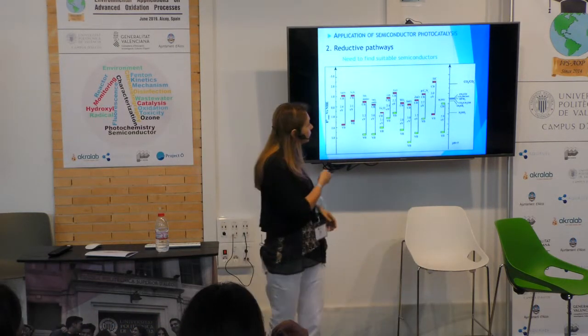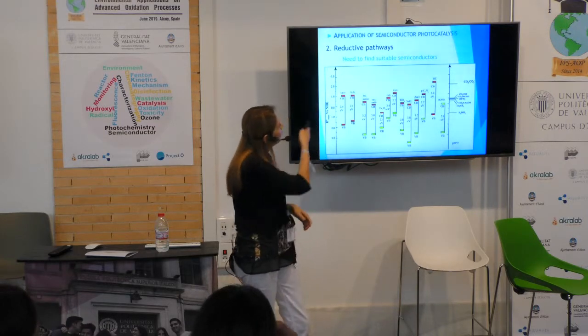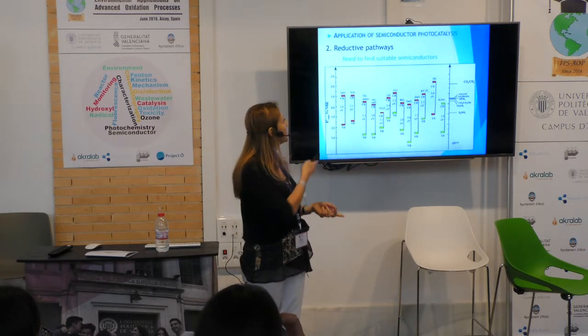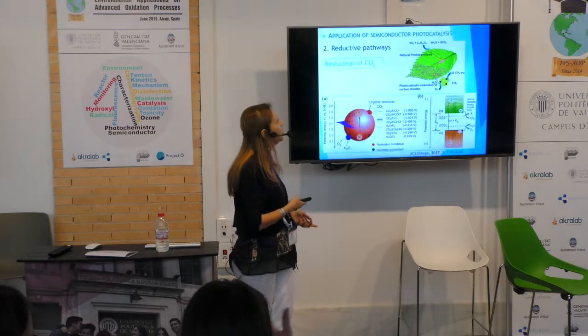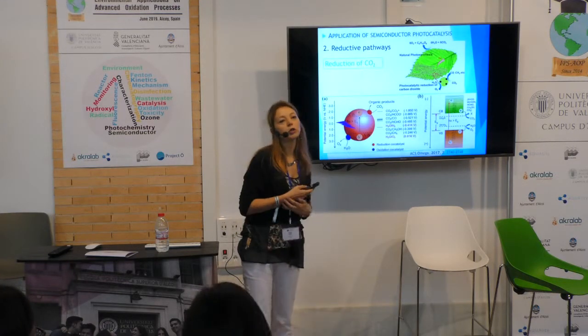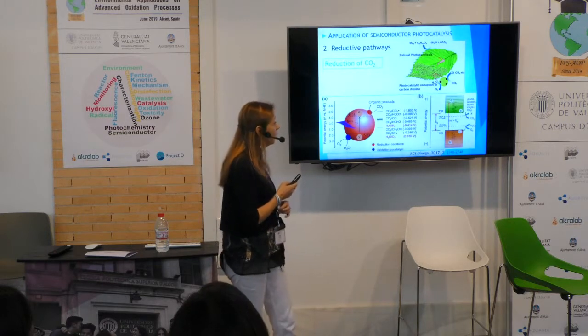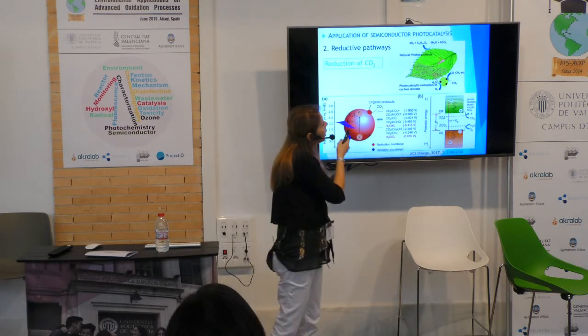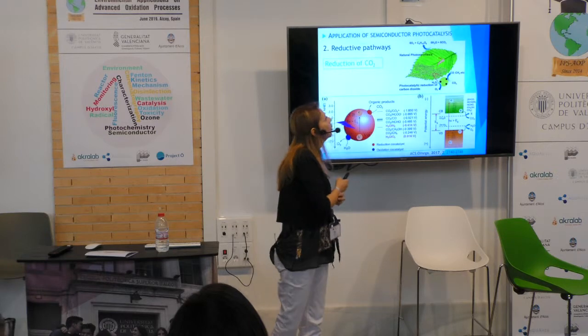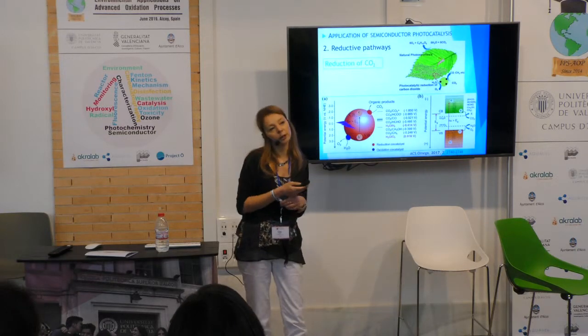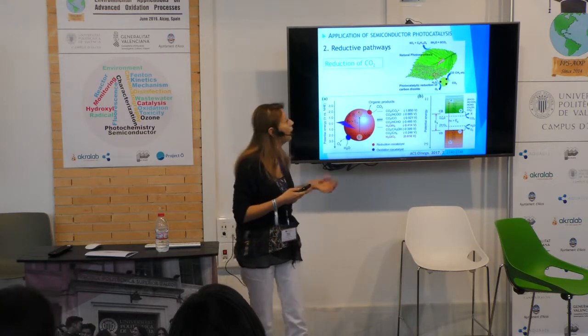carbon dioxide. In the case we want to mainly use the reductive pathway, this is the case in which we use it to obtain the reduction of carbon dioxide, and so the case in which we mimic what occurs in natural photosynthesis.